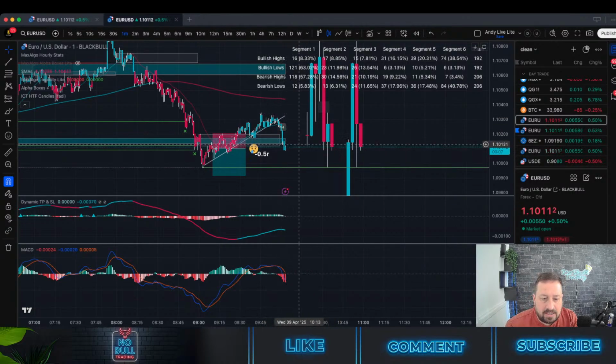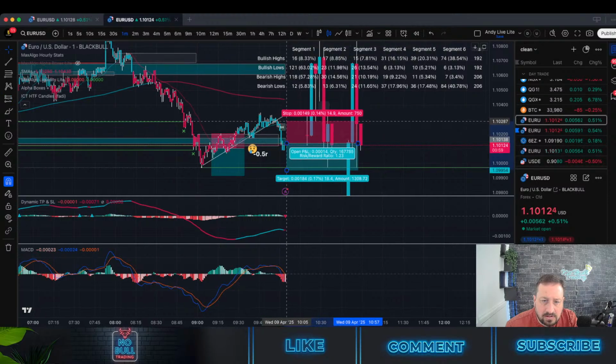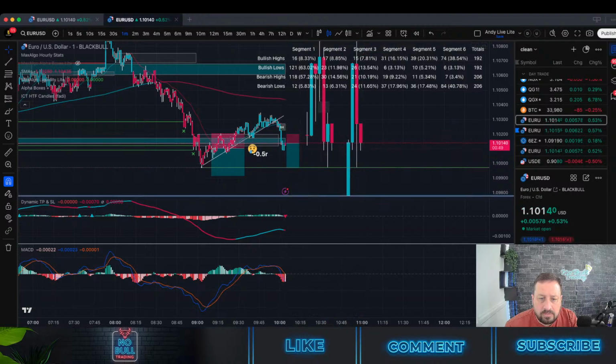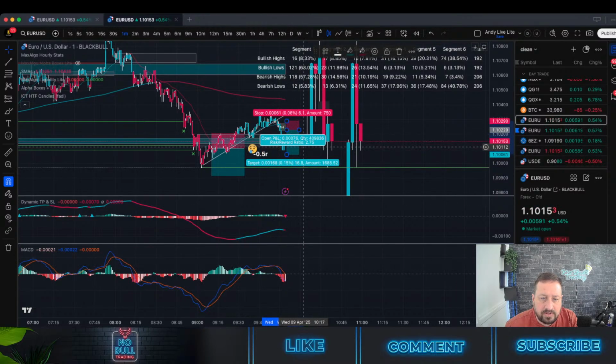We are tapping back up. We are coming below. Do I want to do something like this? .74R. Or do I want to wait for a revisit?